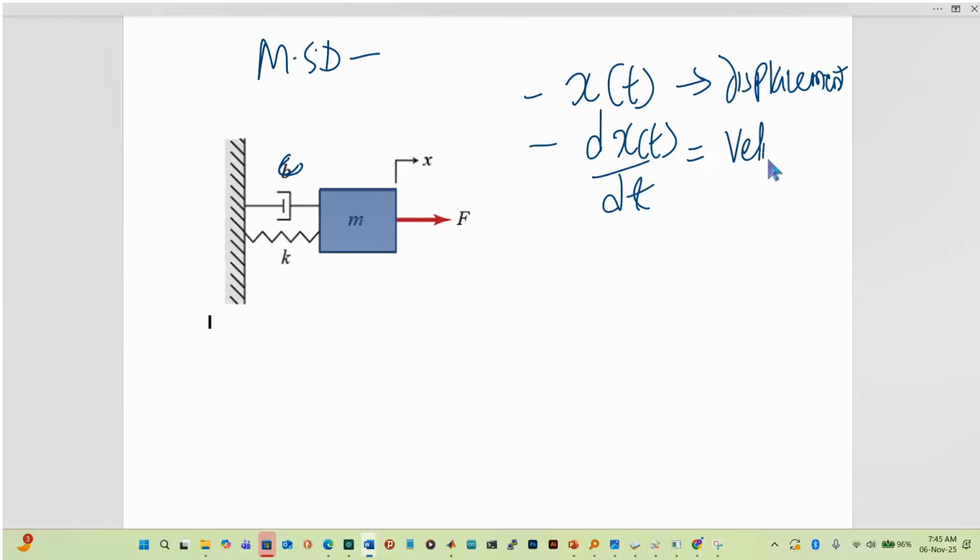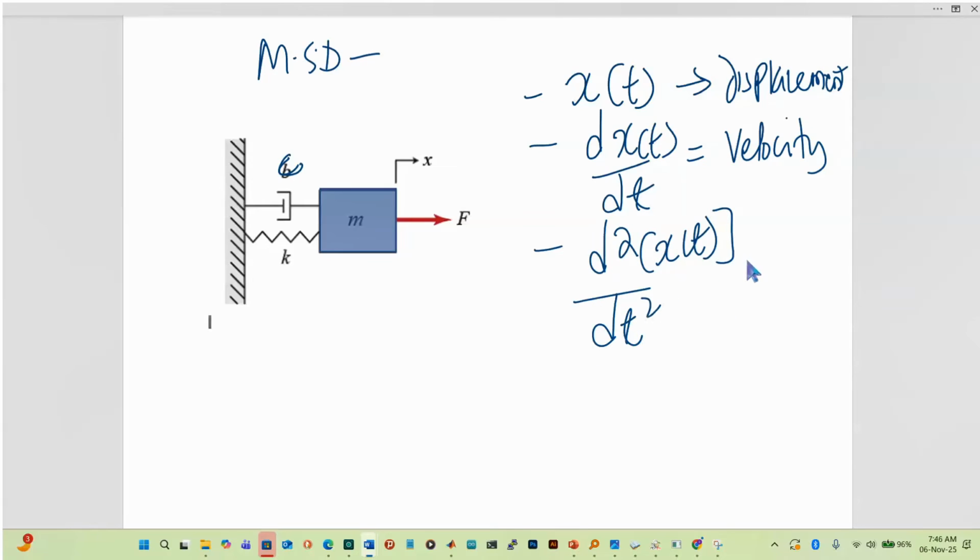This is going to be velocity. You know, velocity is the rate of change of displacement with time. Then we also have d2x by dt2, and this is going to be acceleration. Very important concept.